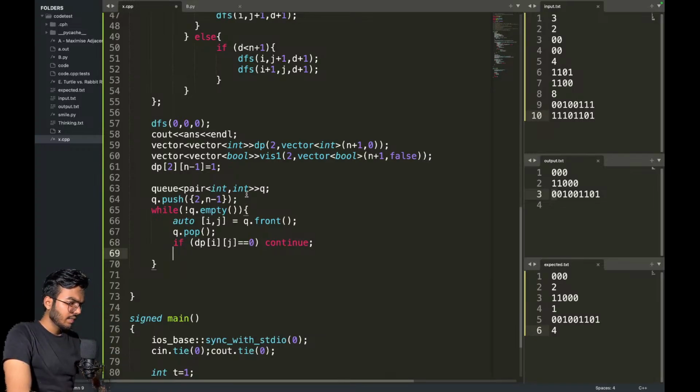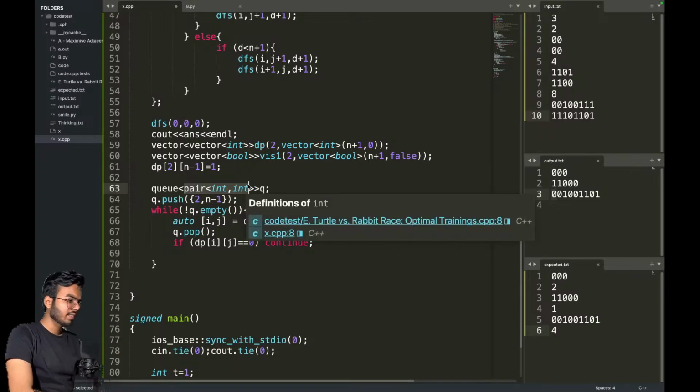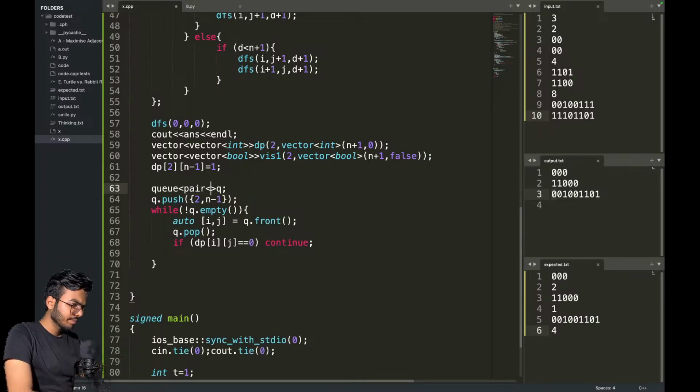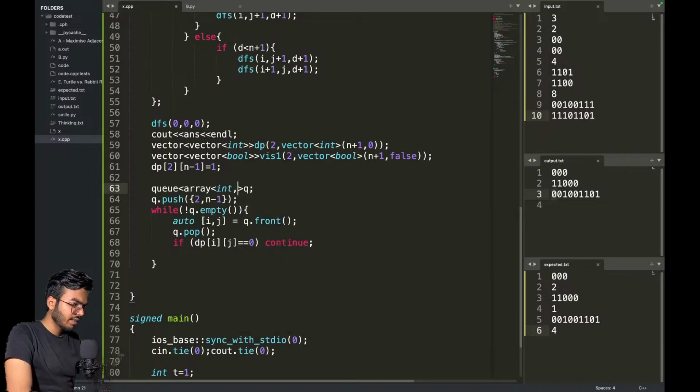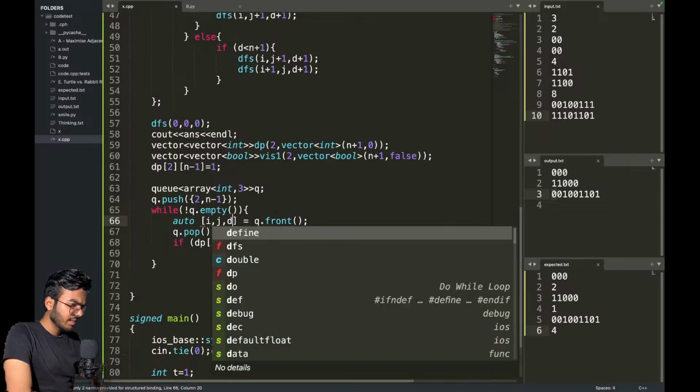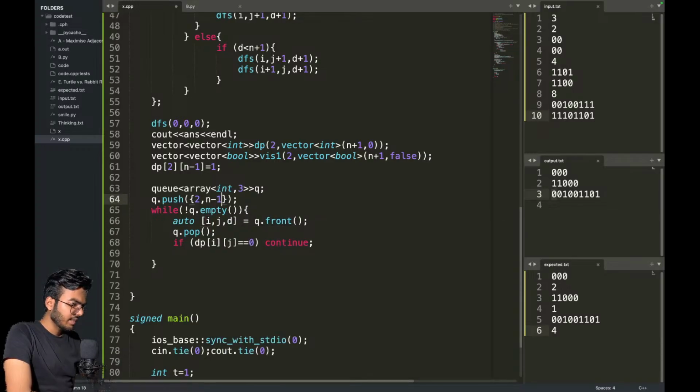Actually, I need to take three integers. So let's make this an array of int with three numbers instead. So I will have to add i, j, and k or depth like this. Initially I will have to add a depth of n, because it is at the last index of the string.